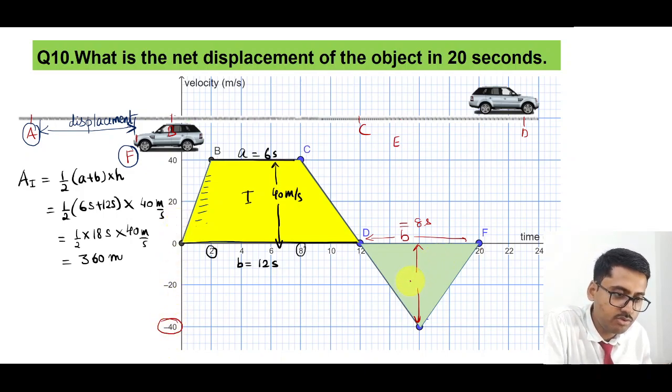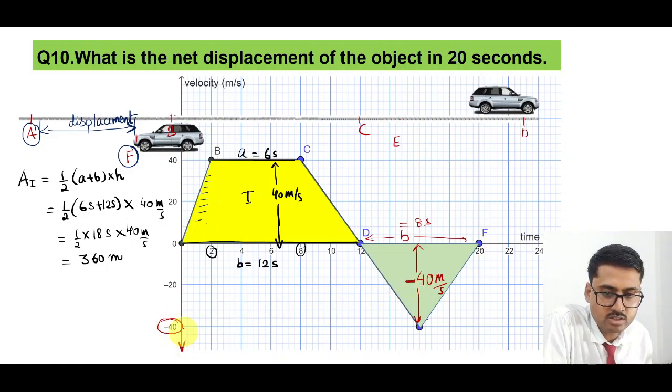So I have to take care of the sign. I won't just take 40, I'll take minus 40. Very important, because velocity is a vector quantity. This is the negative axis for the velocity, so I must take the height as minus 40 meter per second.